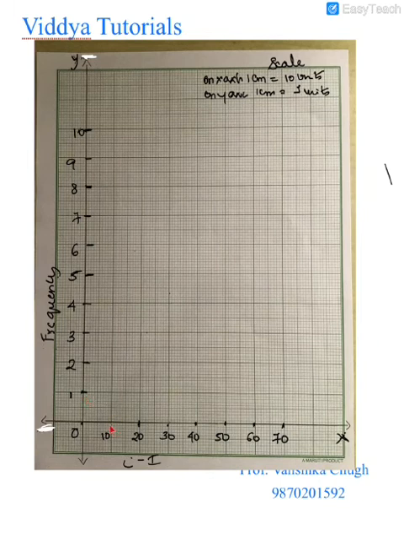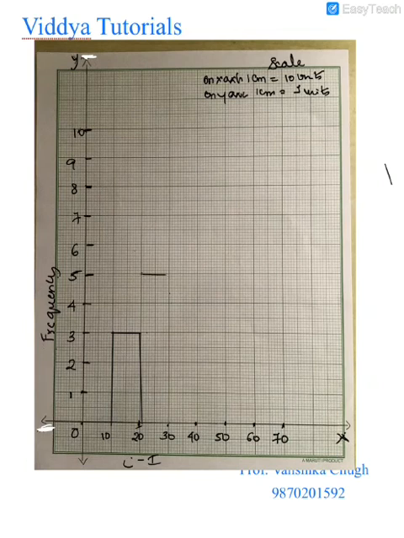Now let us come to our histogram. My first class interval is 10 to 20 and the frequency is 3. So I will draw a bar over here. You first mark your line and then draw a bar. So this is my 3 and this is my 10 to 20 block. My second class interval is 20 to 30 and my frequency is 5.